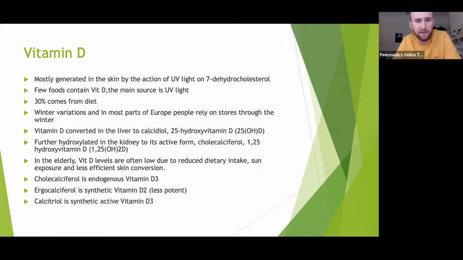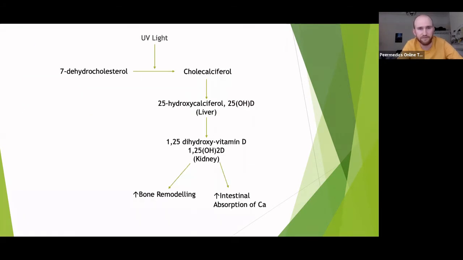Just before that, you have calcidiol, which is 25 hydroxy vitamin D. The synthetic names of those are ergocalciferol, which is synthetic vitamin D2, and calcitriol, which is synthetic active vitamin D3. These can be used at different points in the management of certain conditions.